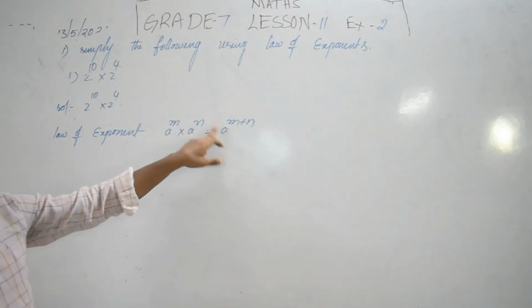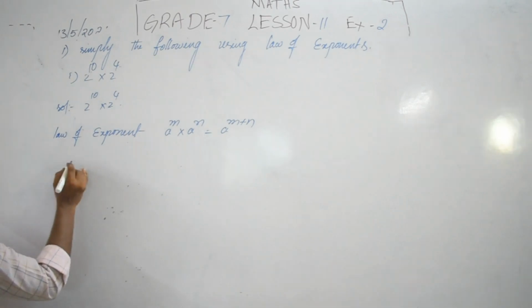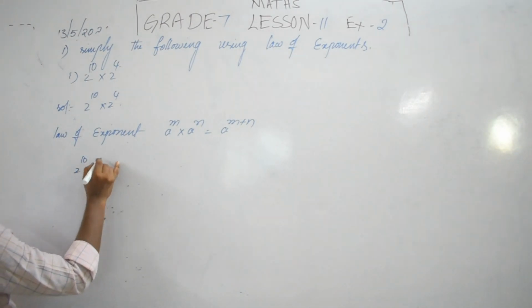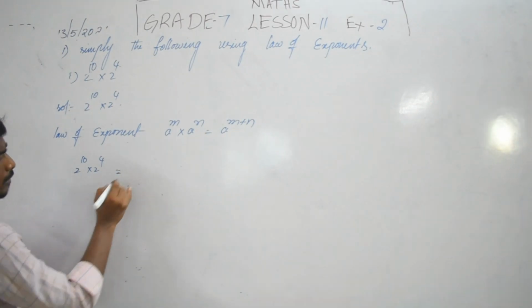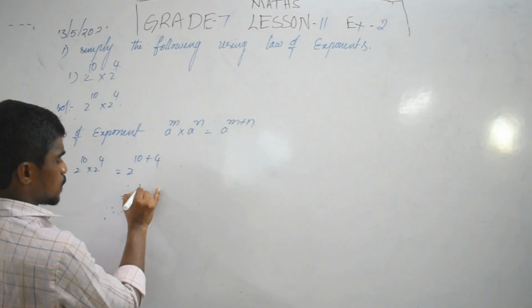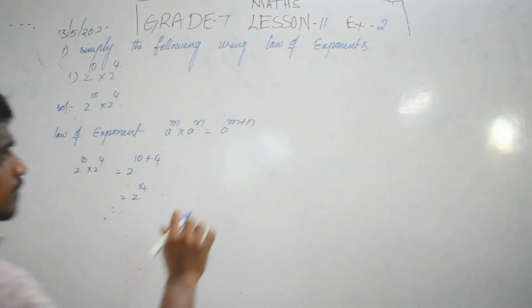What we do is add the powers. 2 power 10 times 2 power 4 equals 2 power 10 plus 4, which is 2 power 14.